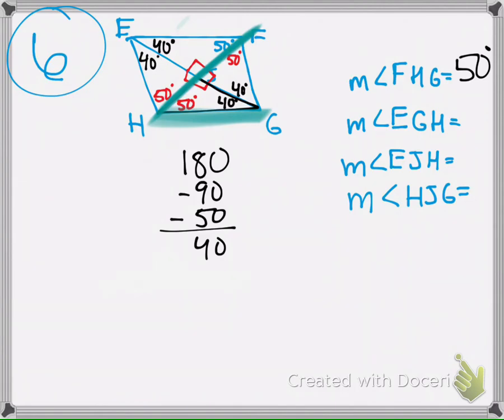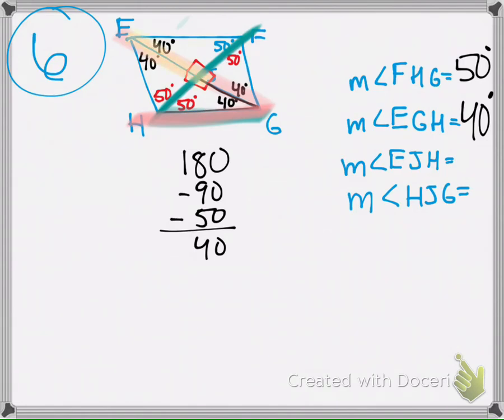Okay, EGH. So start up at E, G, out through H. That's 40. EJH.